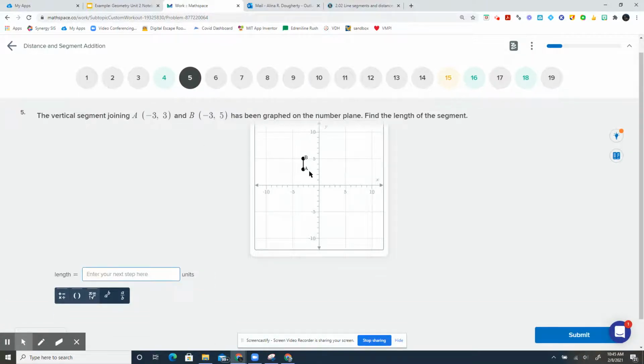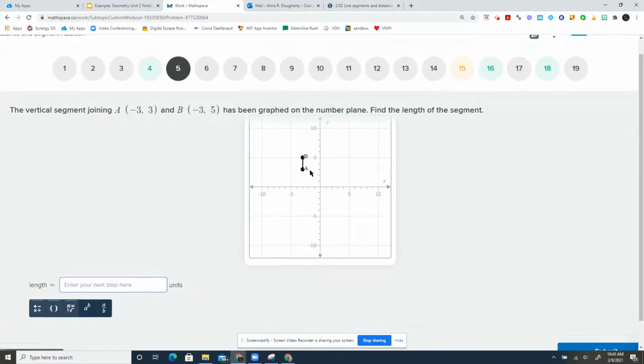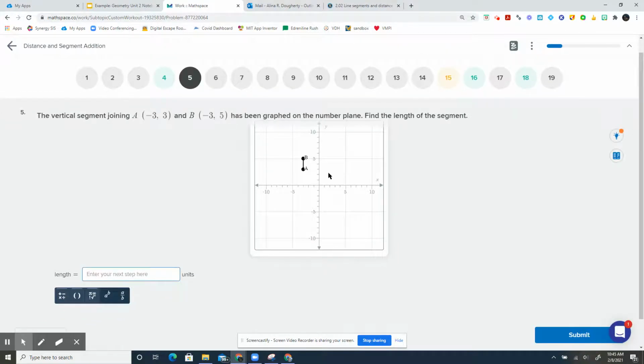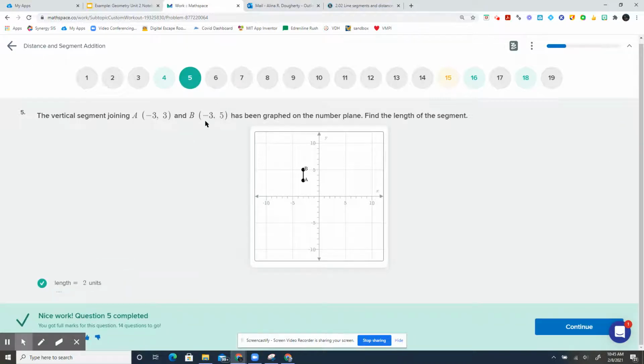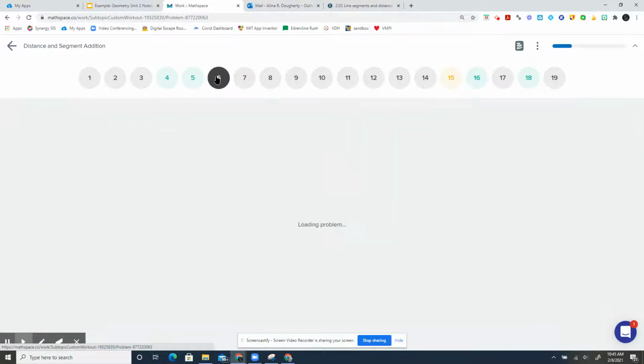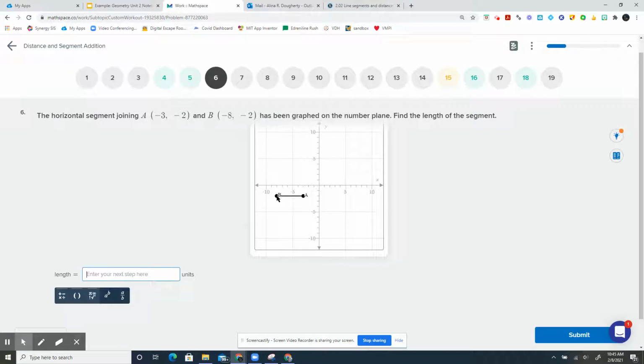The vertical segment. So here you can zoom this in, I think. Maybe not. I thought you could zoom in. Anyway, so A to B is from 3 to 5. So that's going to be 1, 2 jumps. Probably the same thing here, but horizontally.